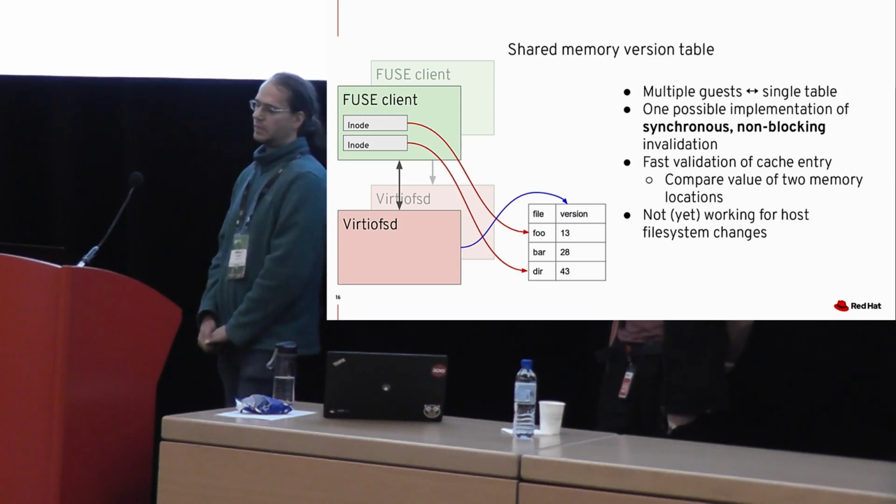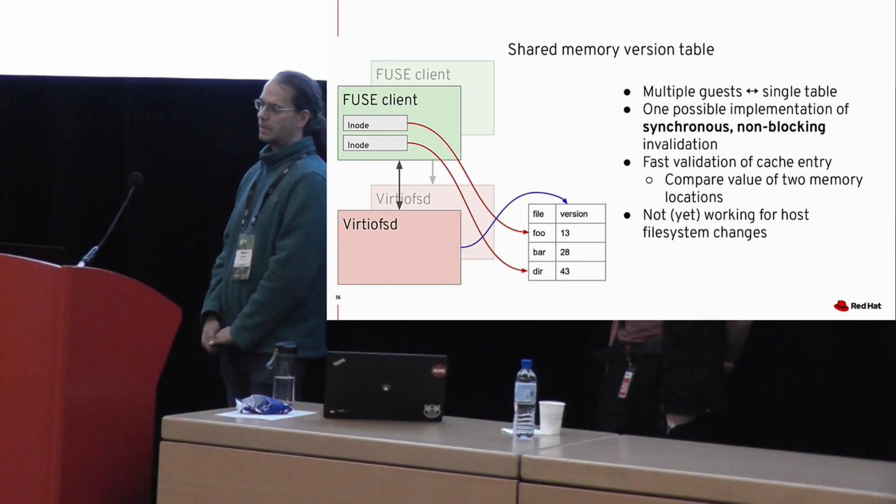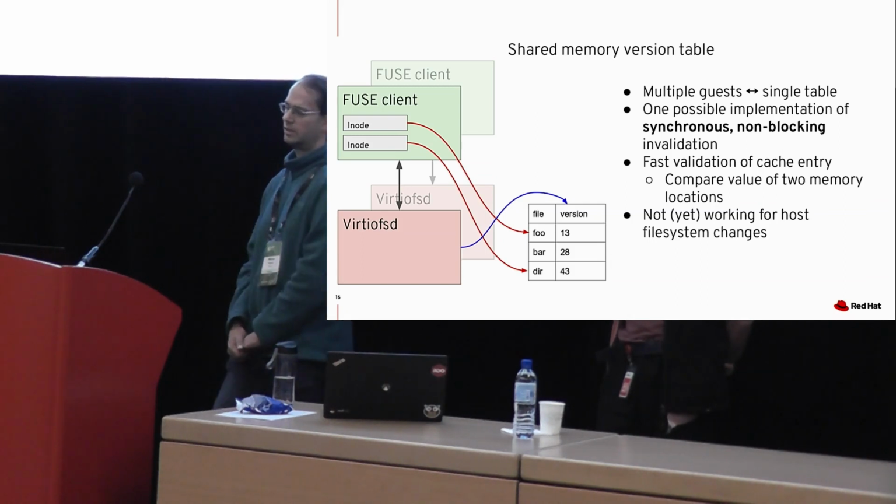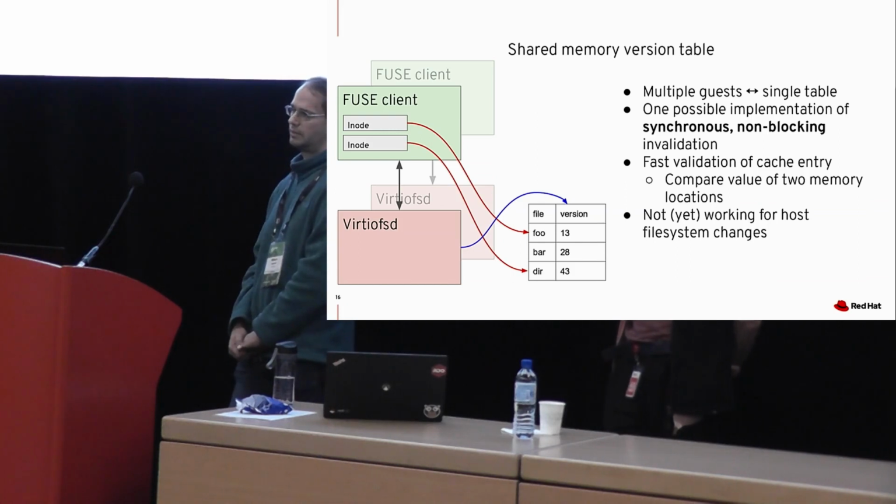So when the guest file system is looking up certain metadata or path name lookup in the cache, it can validate that cache very easily, because it can just compare the previous version with the one in the shared memory.